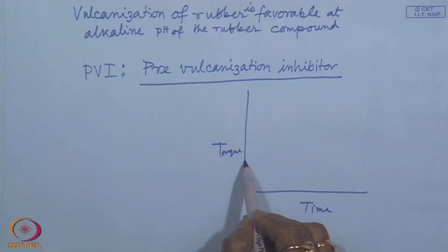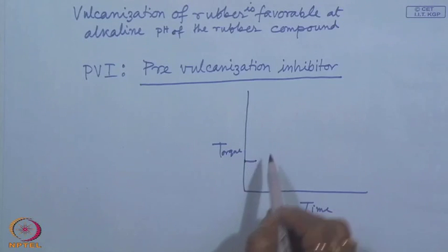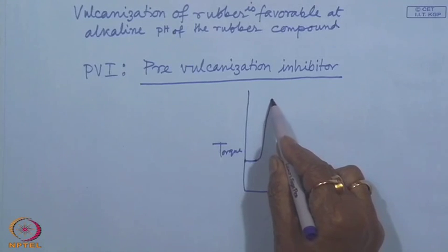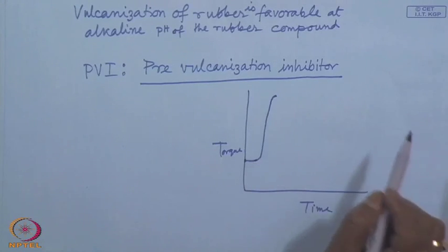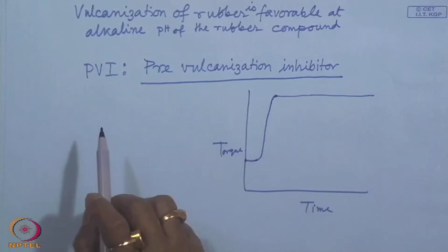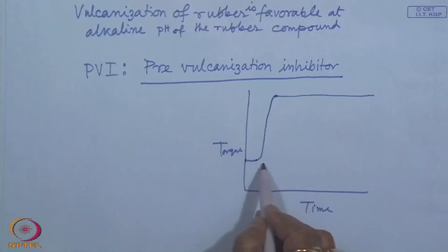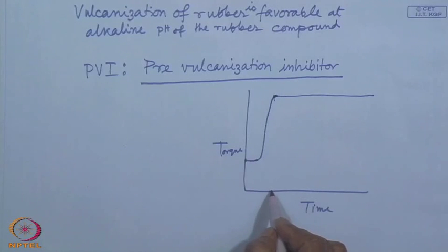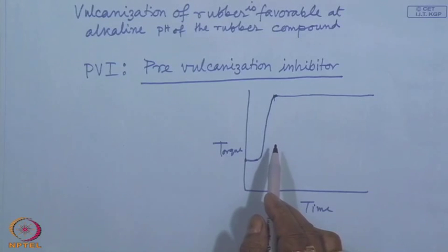That means this time is very small and there is a steep rise of the curing rate, like this. This small time is required for high productivity. That means vulcanization is complete over here. Say vulcanization should be completed within 5 minutes. In that case, one should use a very fast accelerator.